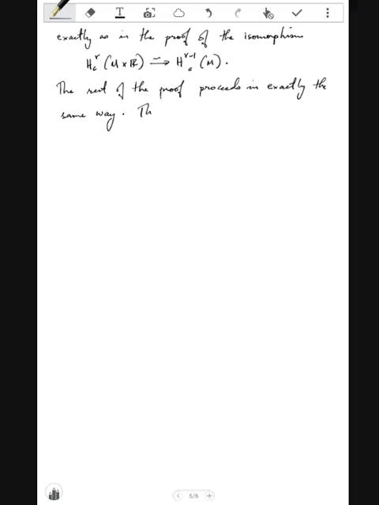Thus, we have proved that pi lower star from H compact vertical of M cross R to H star minus 1 of M is an isomorphism.